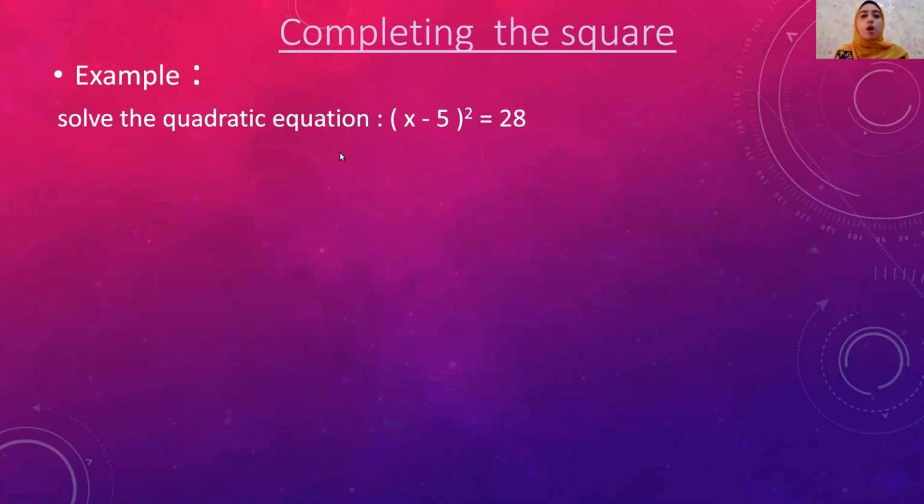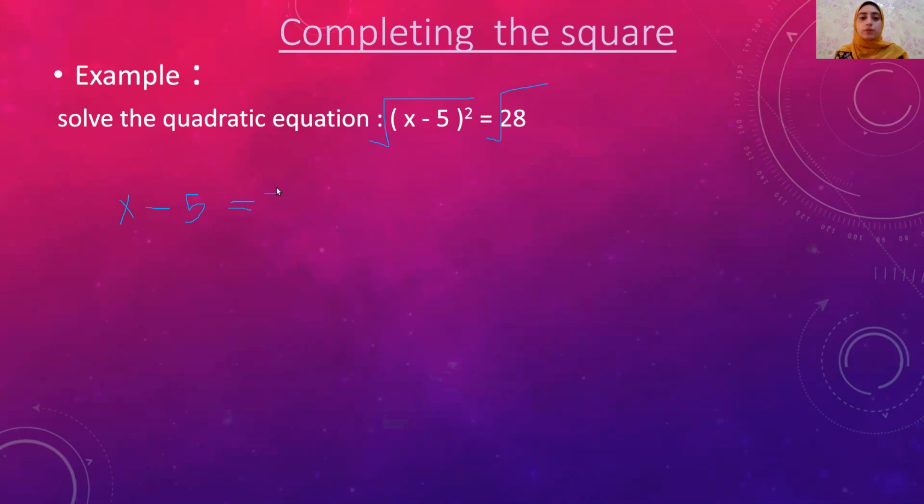First of all, we take square roots for both sides. Take square roots here and square roots here. Now, on the left side, the square root of x minus 5 all squared would just be x minus 5 equals square root of 28.